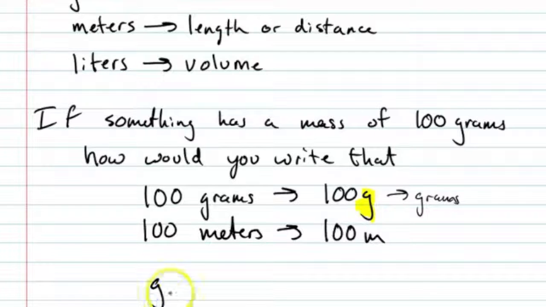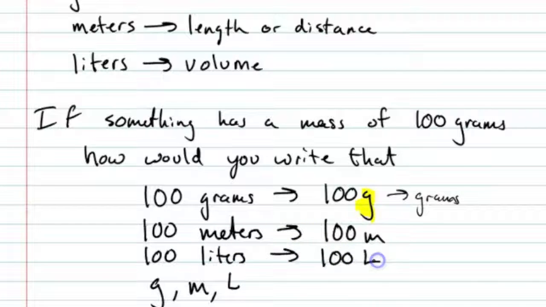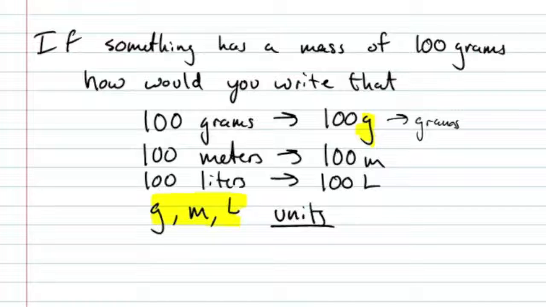So anytime that you see G, M, or L for liters, so if you had 100 liters, that would look like 100 L, you know that we are talking about units. These always have to appear right after a number.